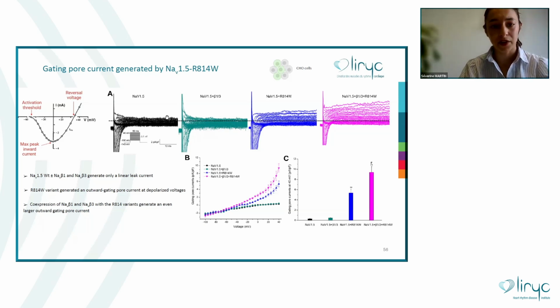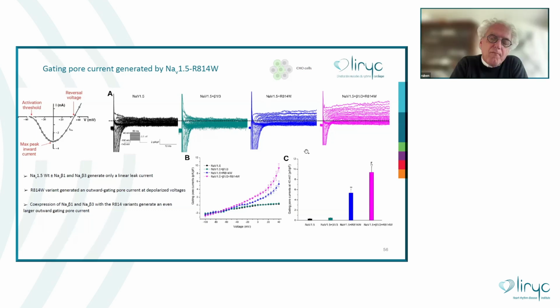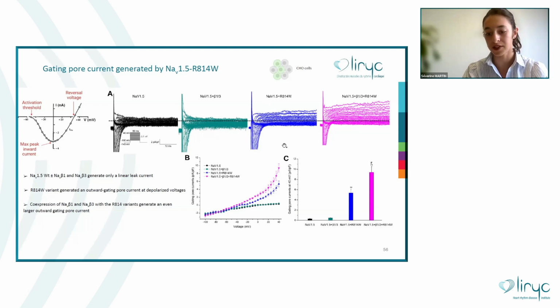And if the leak is very reduced in the presence of a wild-type channel, the variant channel, because it's modified on the voltage sensor domain, cannot regulate this leak, and the leak increases and gives this type of current. And they suggest that this is arrhythmogenic, correct? Yeah, totally. Yep.